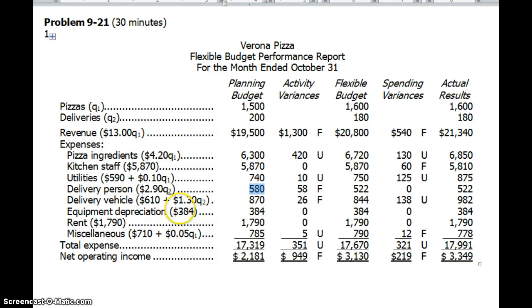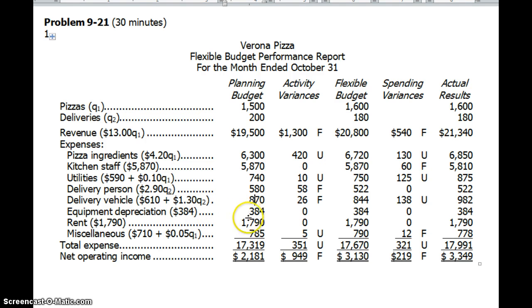The delivery vehicle is a mixed cost, $610 plus $1.30 per pizza delivered. It's 200 pizzas delivered at $1.30. That would be $260 plus the $610 fixed, $870 of delivery vehicle cost.